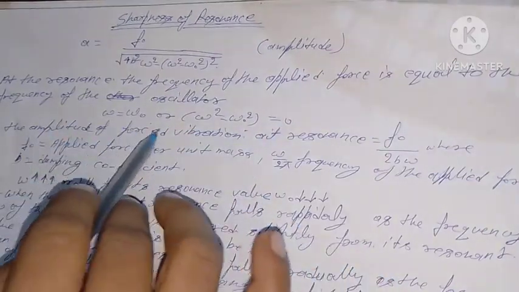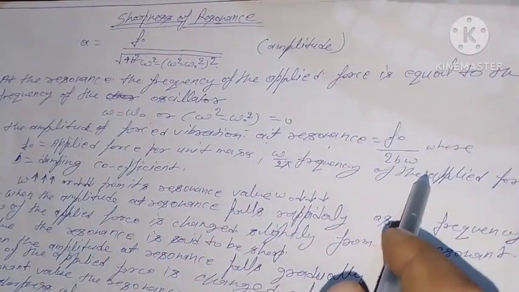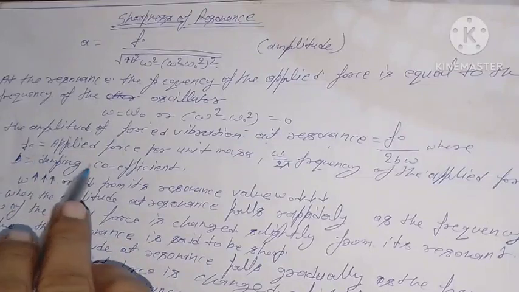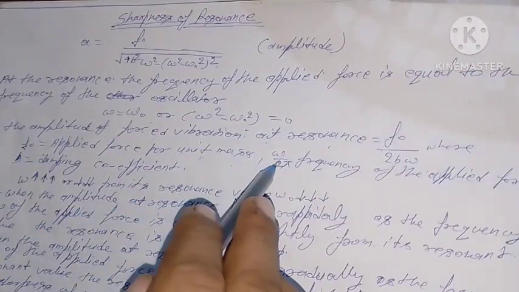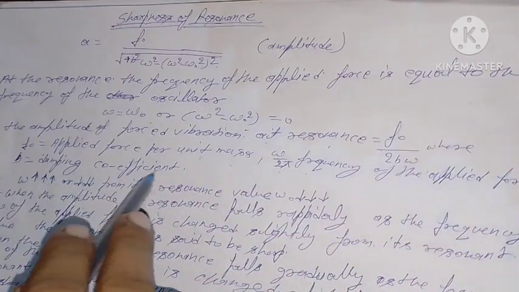The amplitude of forced vibration at resonance is F naught upon 2b omega, where F naught is the applied force per unit mass, omega by 2 pi is the frequency of the applied force, and b is the damping coefficient.